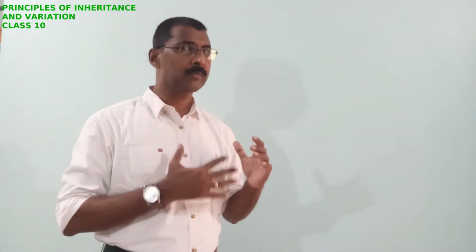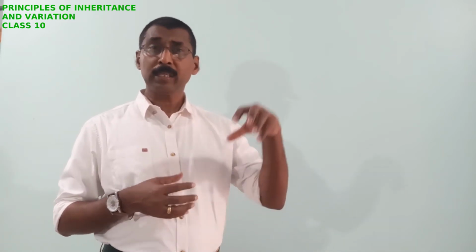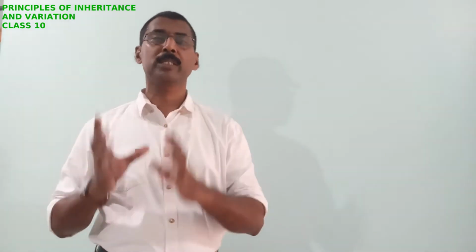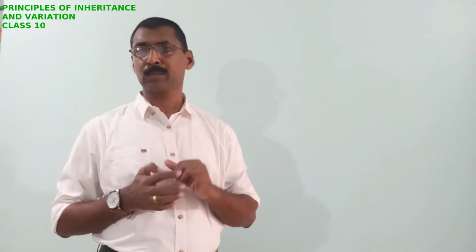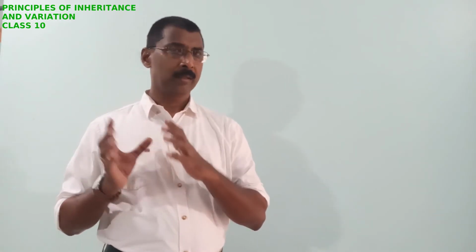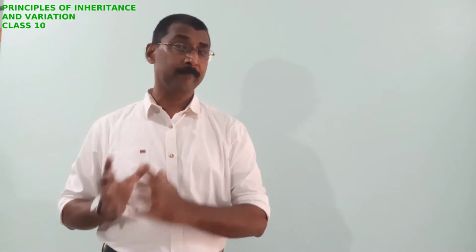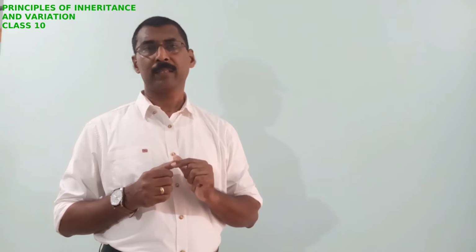And interestingly, the gene for the size of the wing is also situated on the X chromosome. So now we have three genes which are situated on the X chromosome: the gene for body color, the gene for eye color, and the gene for wing size.